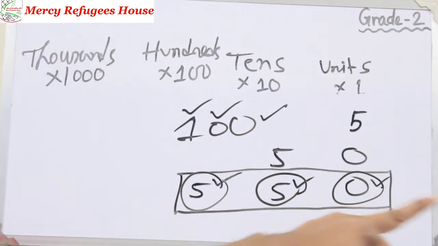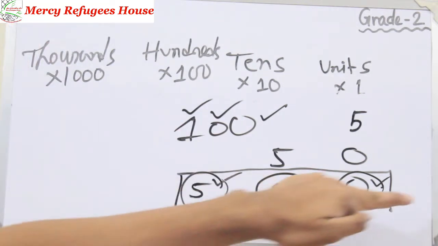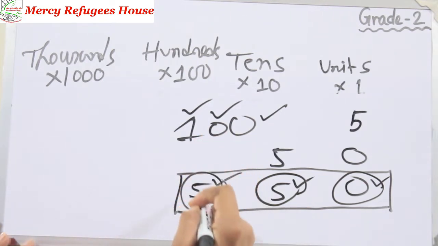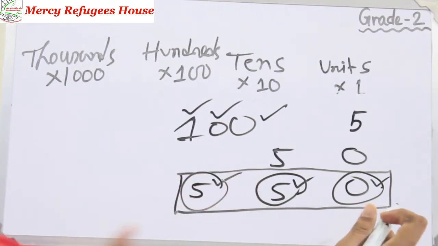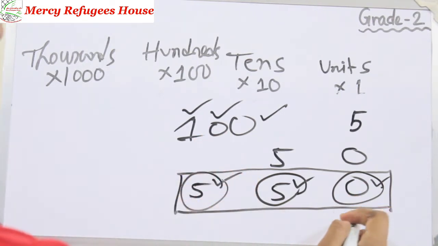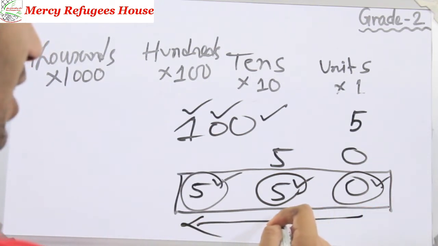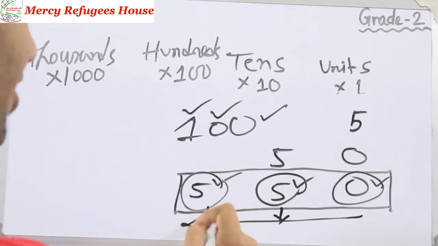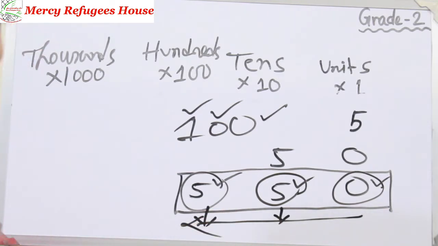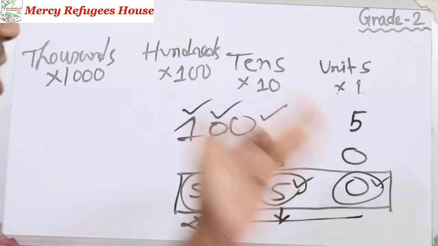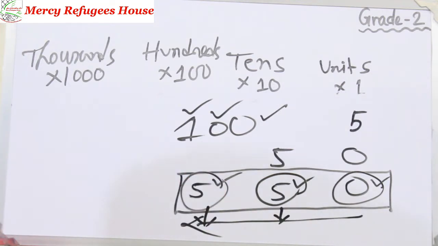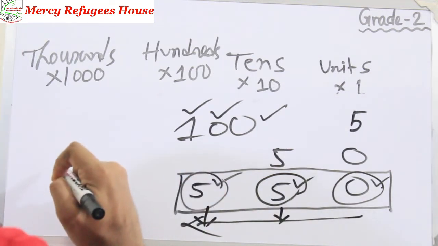So in 550 there are three digits. If we go from right to left like this, the value increases to 10 and then to 100. This is what you should teach them, and make sure you teach in your native language.